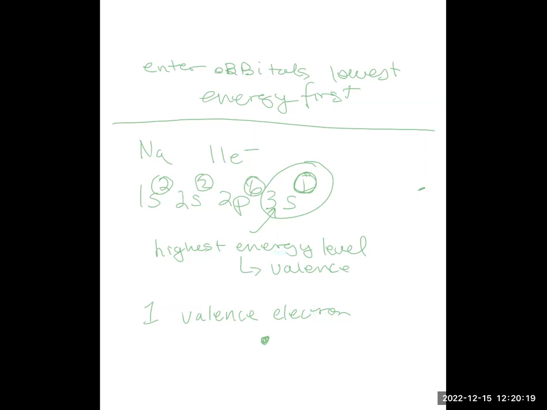Something else that we want to get used to doing is, just because it's kind of annoying to write these things out in the larger electron configurations, sometimes we want to just do an abbreviated electron configuration. And what we do is we go to the nearest noble gas before that element.